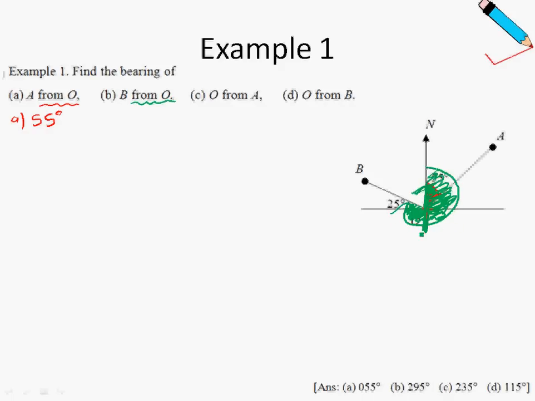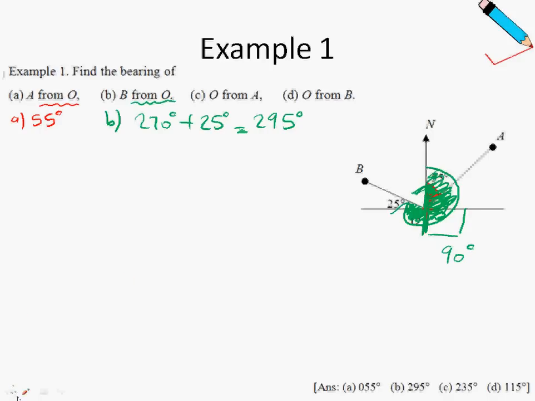By the way, for those who are unsure, 1 quadrant is just 90 degrees. So 3 quadrants, 270 plus 25. For part B, the bearing of B from O is just 270 plus 25 degrees, which gives me 295 degrees.